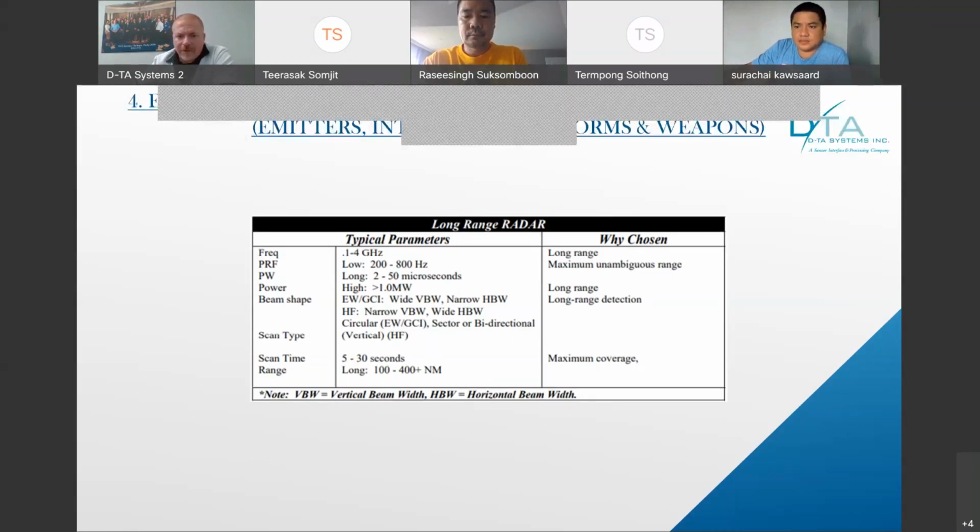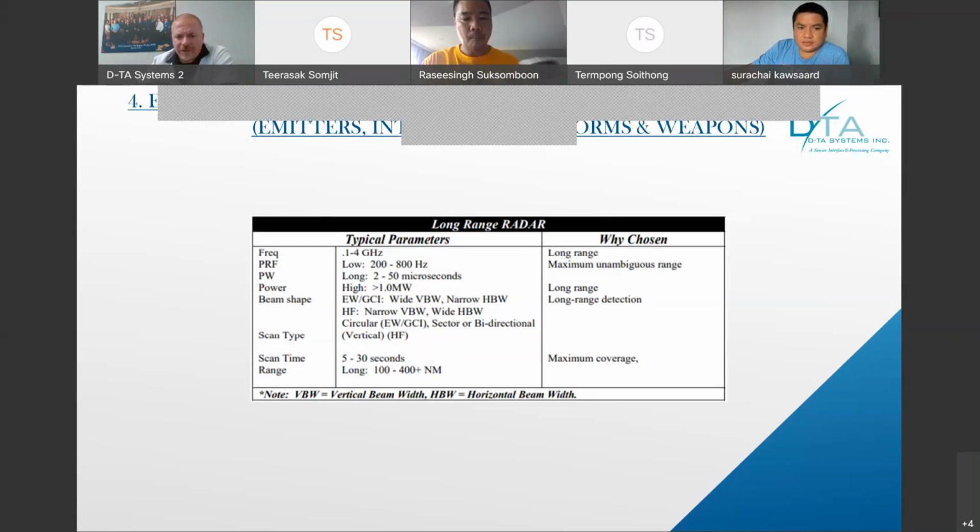And you're typically going to see in an instance like this, for a long range early warning radar, the dish itself will be ginormous. Your scan type can vary anywhere from vertical to horizontal to circular, all depending on what the primary function of said long range radar is.